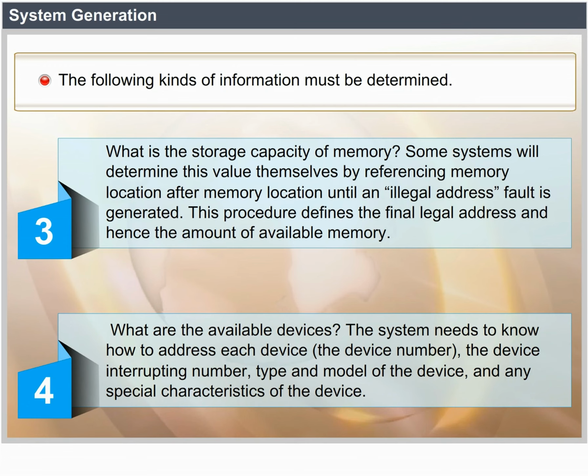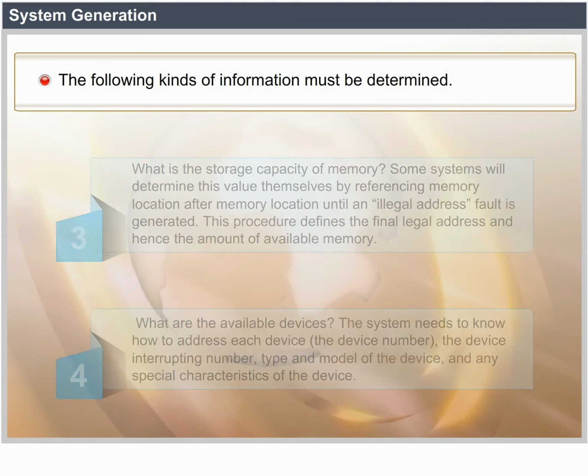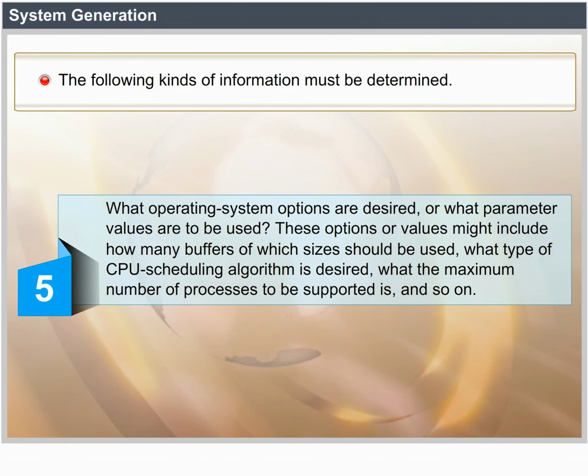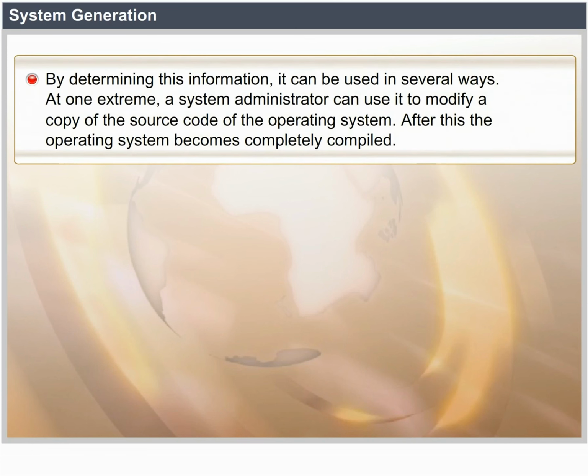What operating system options are desired, or what parameter values are to be used? These options or values might include how many buffers of which sizes should be used, what type of CPU scheduling algorithm is desired, what the maximum number of processes to be supported is, and so on. Once this information is determined, it can be used in several ways. At one extreme, a system administrator can use it to modify a copy of the source code of the operating system.